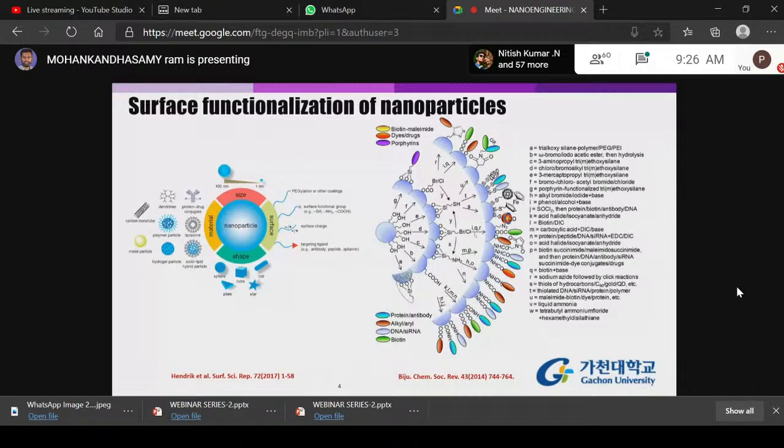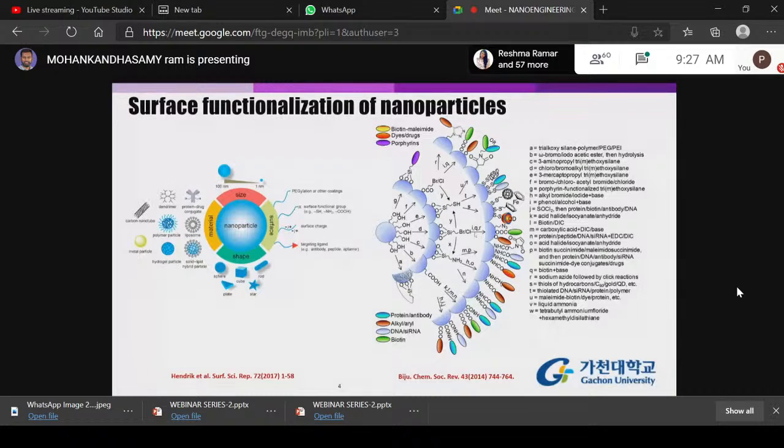Additionally, these nanoparticles can be further modified with biological molecules, as shown on the right-hand side of the picture. So nanomaterials have this much potential. You can attach one molecule on one nanoparticle, or different molecules on different nanoparticles, or in the same nanoparticle you can attach different molecules. It entirely depends upon how we are going to apply it.